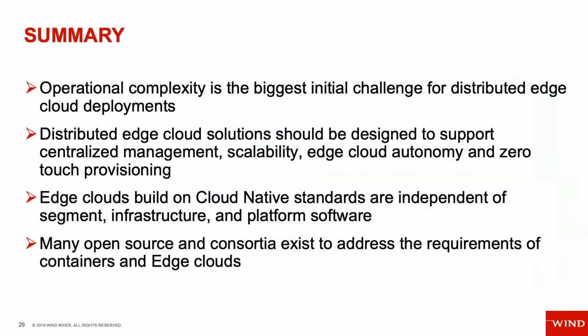I'd like to summarize and wrap up so we have a little bit of time for Q&A. Operational complexity is really the biggest challenge for how to move to a distributed edge. The fact that it isn't one size fits all, there are multiple architectures, multiple platforms, trying to address the provisioning and the orchestration is a very complex issue.